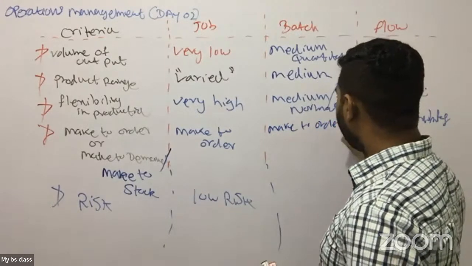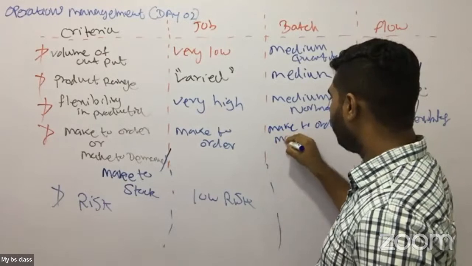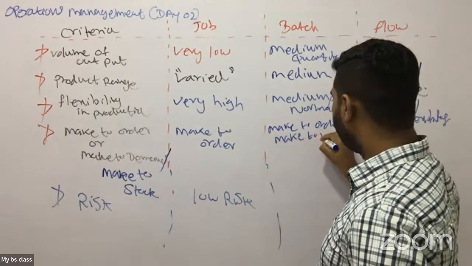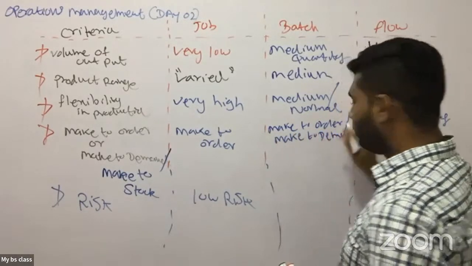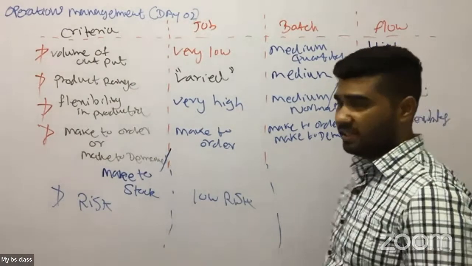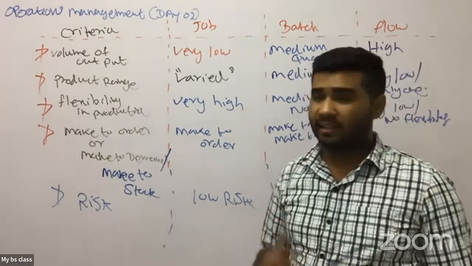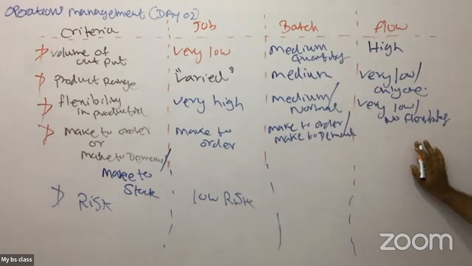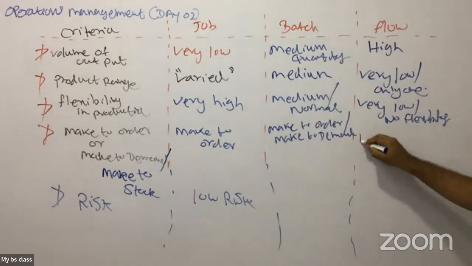So make to order or make to demand. So both the ways are possible. But here, yes, make to demand in the sense that forecasted market demand එක තමයි මේකේ target කරන්නේ. නම් make to demand.